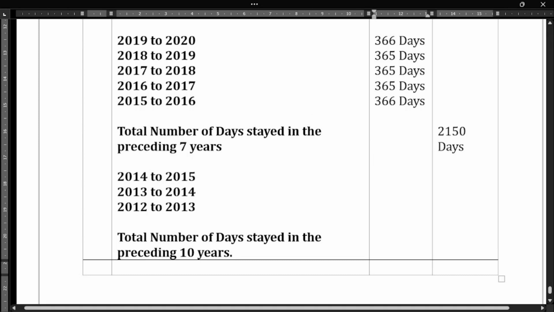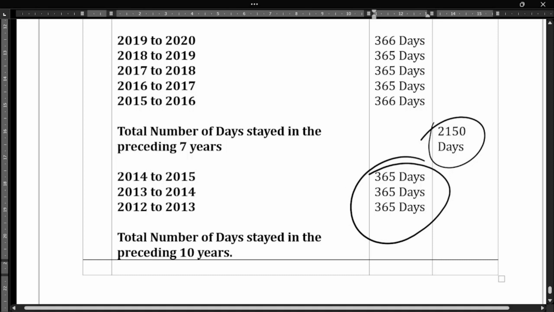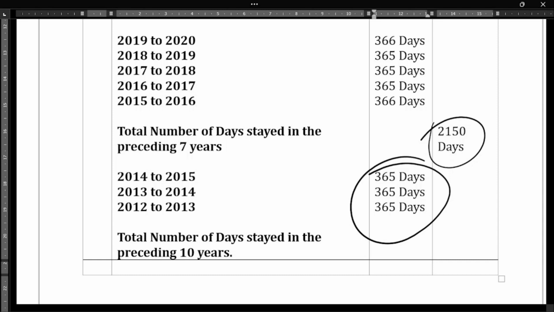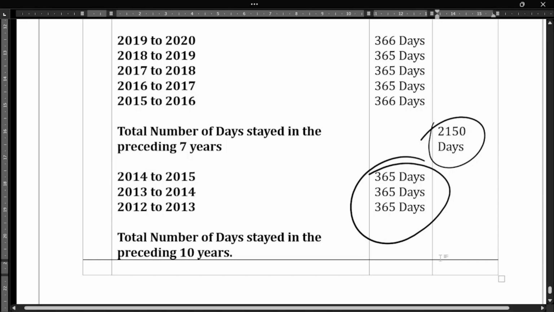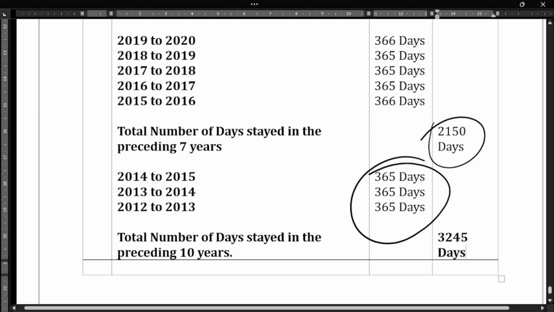So 2014-15 is not a leap year, so 365 days. Here also 365 days. Here also 365 days. For 2150 days, add these three. So 2150 plus 365 plus 365 plus 365, it will be 3245 days.